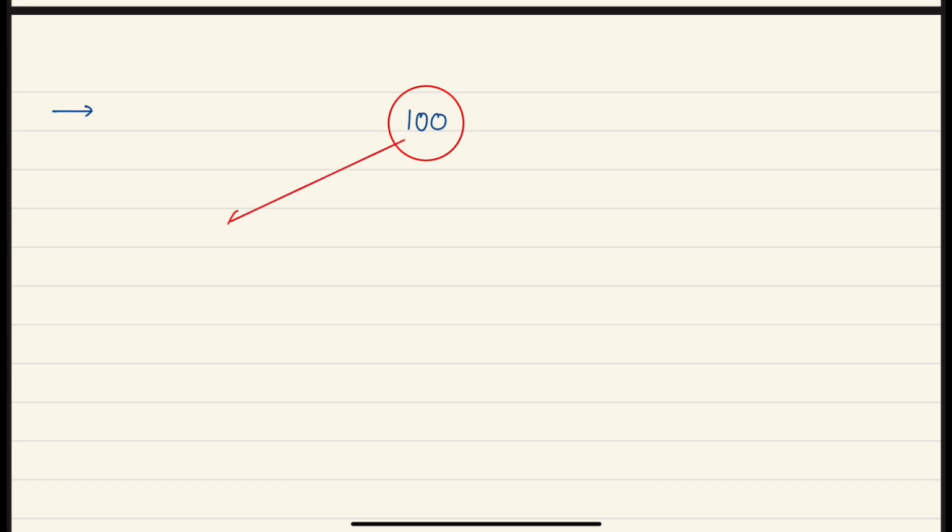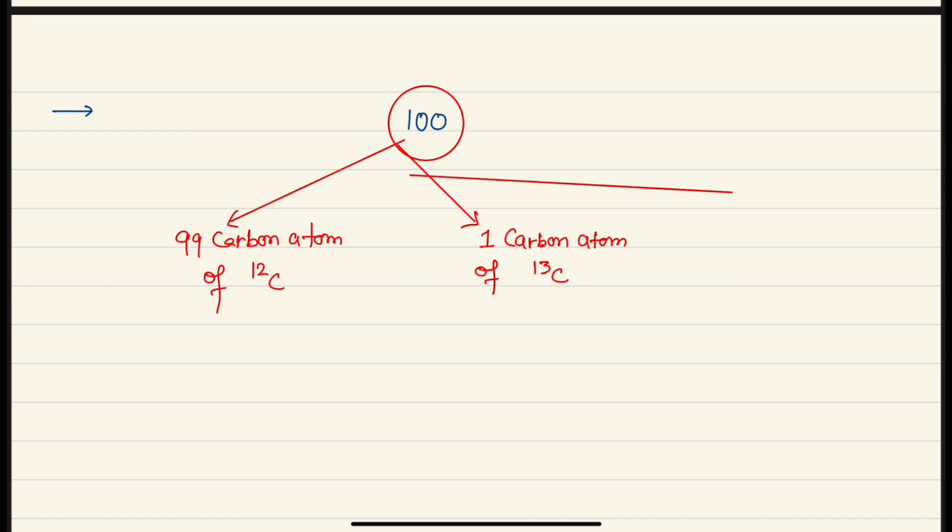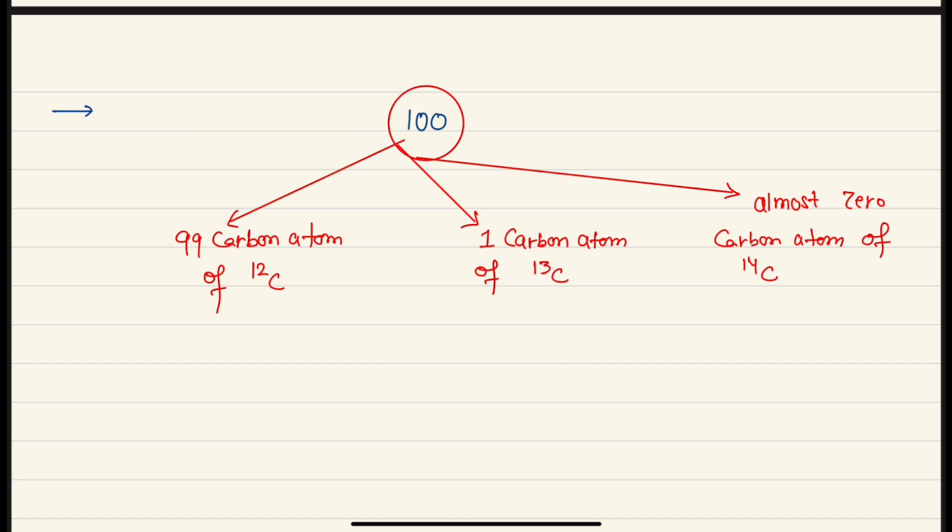So out of 100, you will get 99 carbon atoms of C12, and one carbon atom of 13C, okay, and almost zero carbon atoms of 14C.